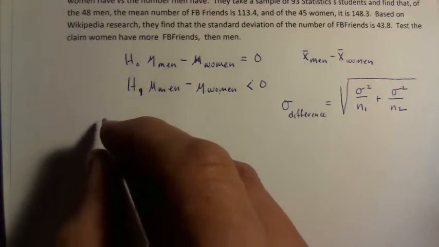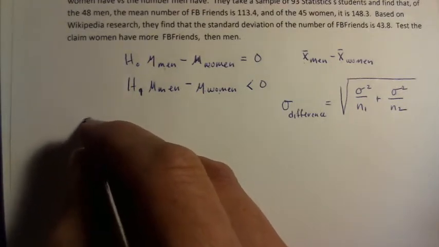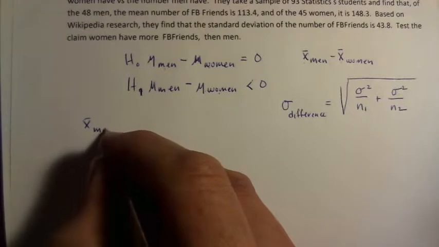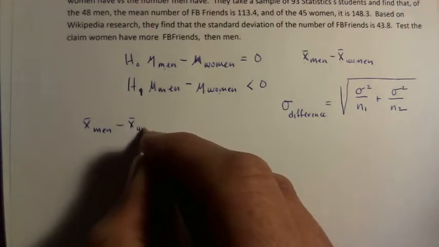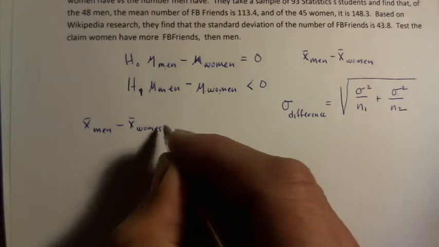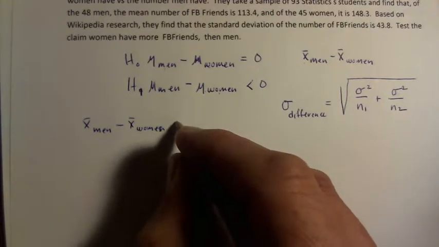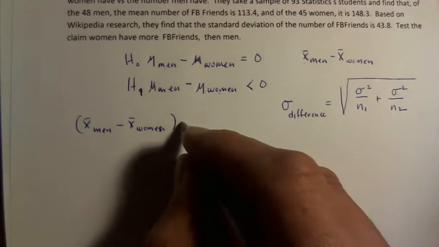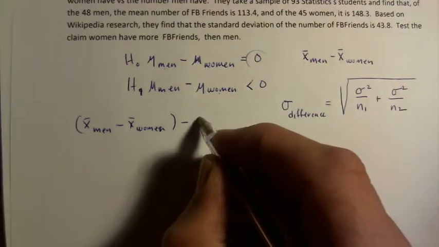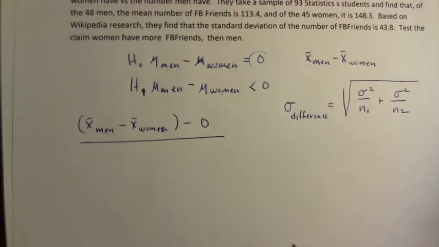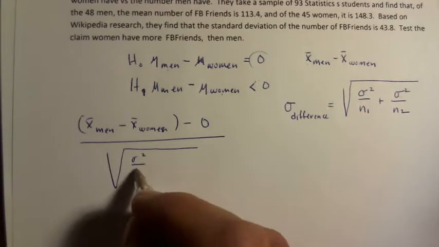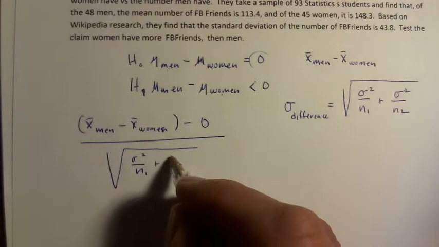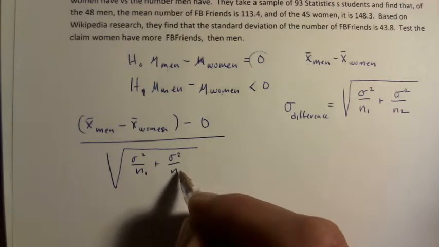It's going to be the difference, x1 for men minus x2 for women. That's the actual sample statistic that we get. And then that's going to be minus our null hypothesis, 0, all divided by that standard deviation, the square root of sigma squared over n1 plus sigma squared over n2.